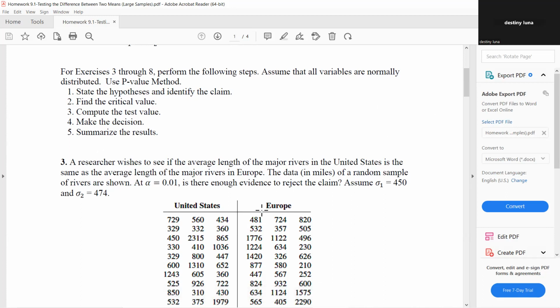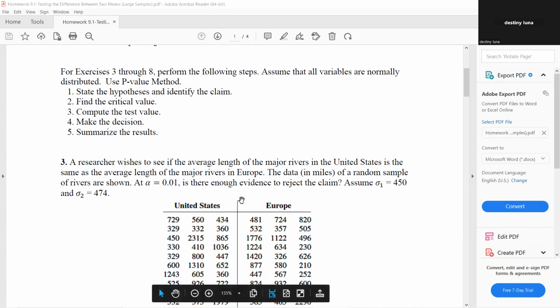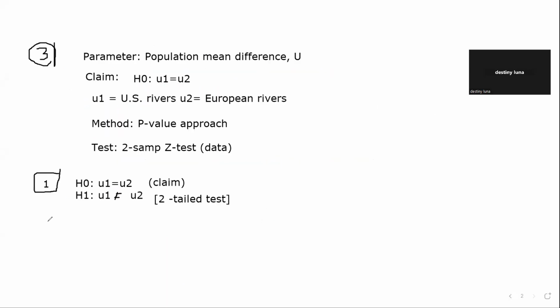So let me see what else we have going on. Now, the nice part about this chapter is most of this you're going to get straight off the calculator. And you show very minimal formulas. You do show the steps, but you show very minimal formulas. Step two is the p-value.